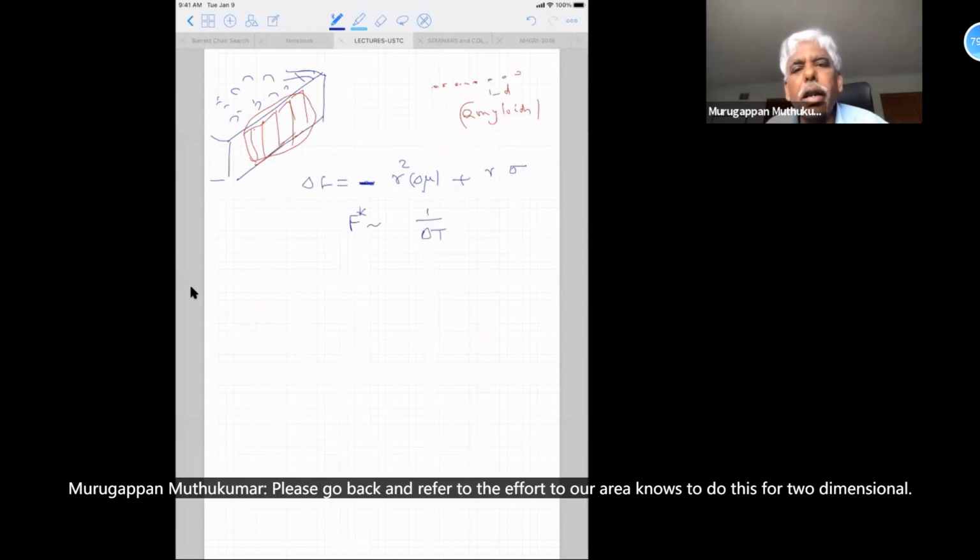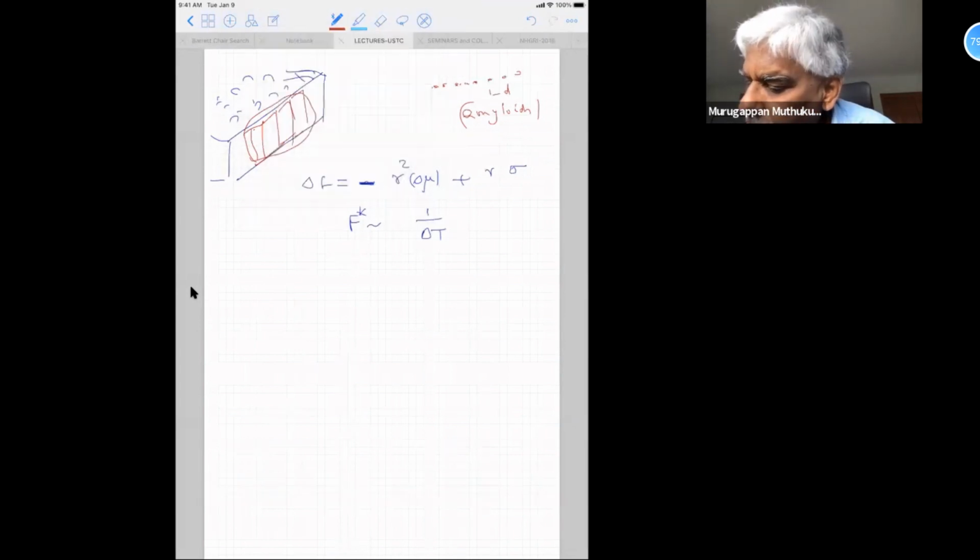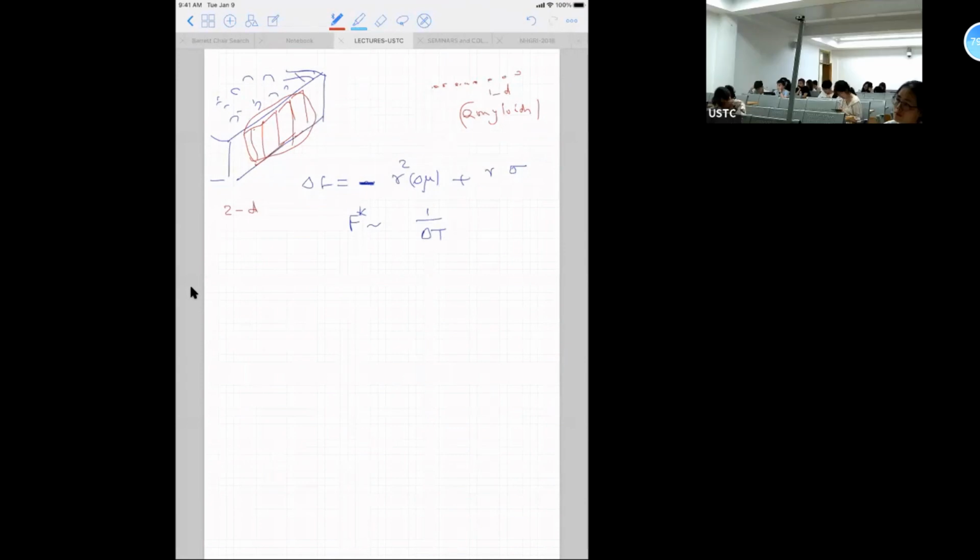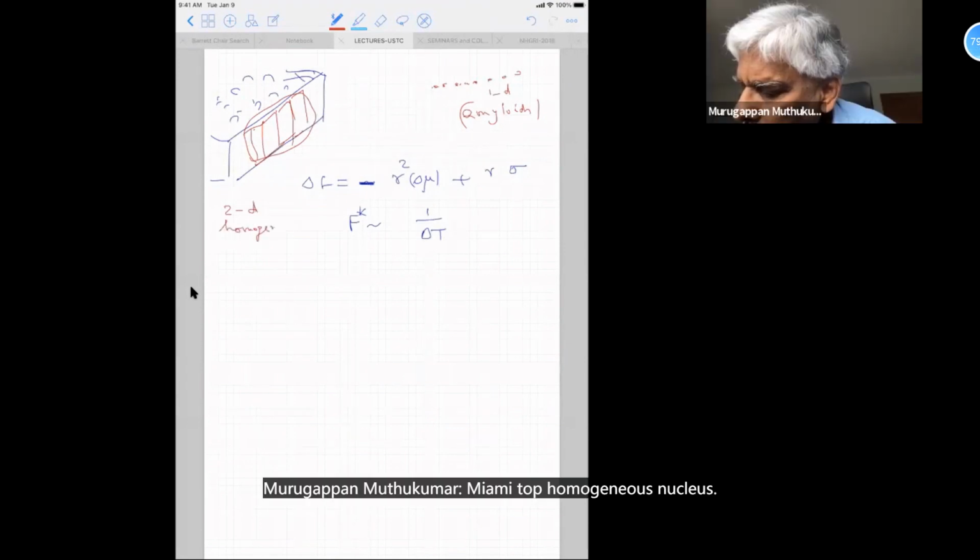Please go back and refer to our earlier notes. So this is for 2-dimensional crystallization, 2-dimensional nucleation, sorry. Homogeneous nucleation.